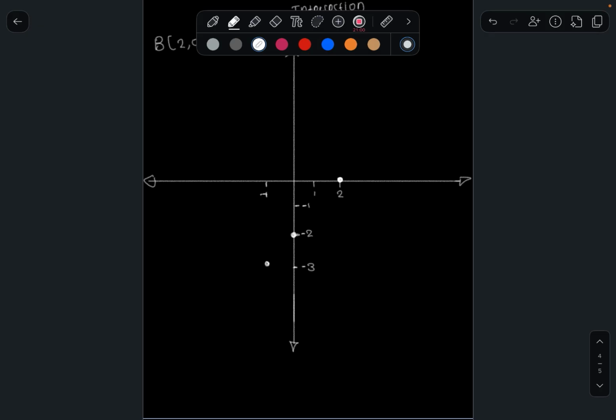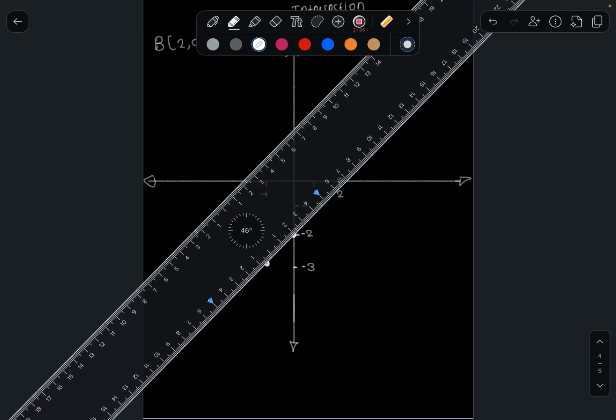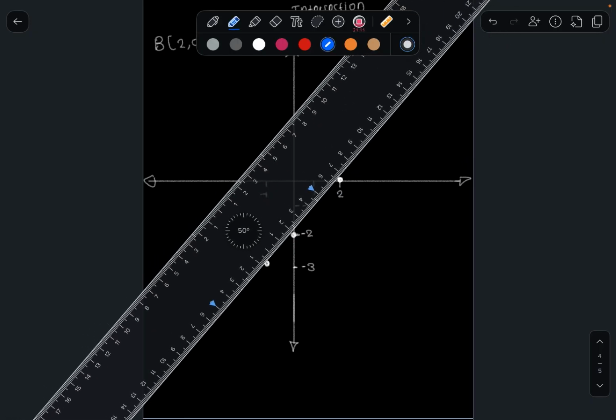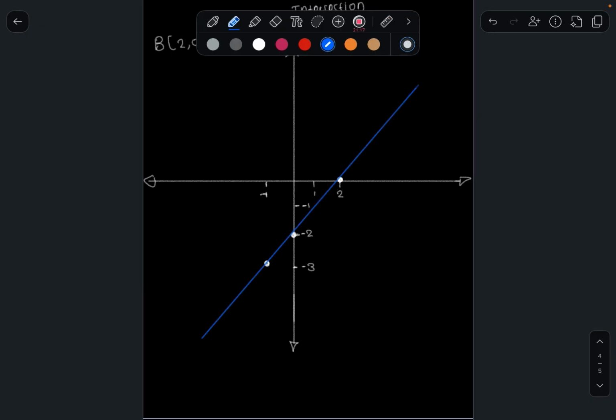As I said, this is just a sketch. We can connect these and sketch the graph. Let me make it in blue. This is g of x.